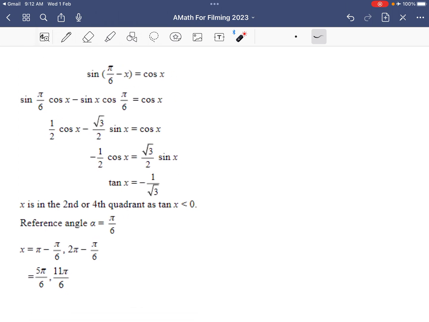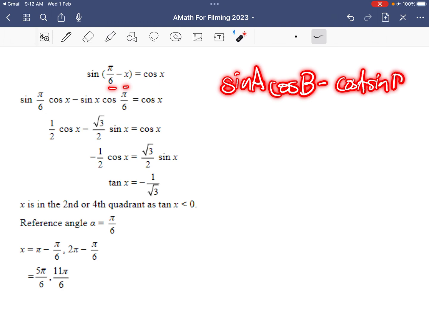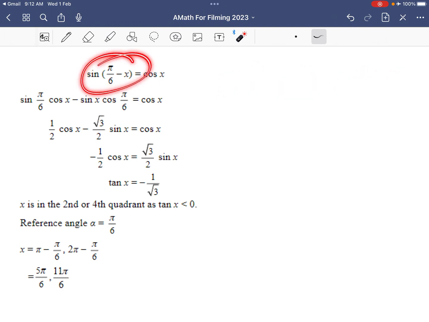Okay, for try 12, again, we will start to apply the what I call addition formula. In this case, sine of A minus B is sine A cosine B minus cosine A sine B, which is the equivalent down here, equal to cosine x.